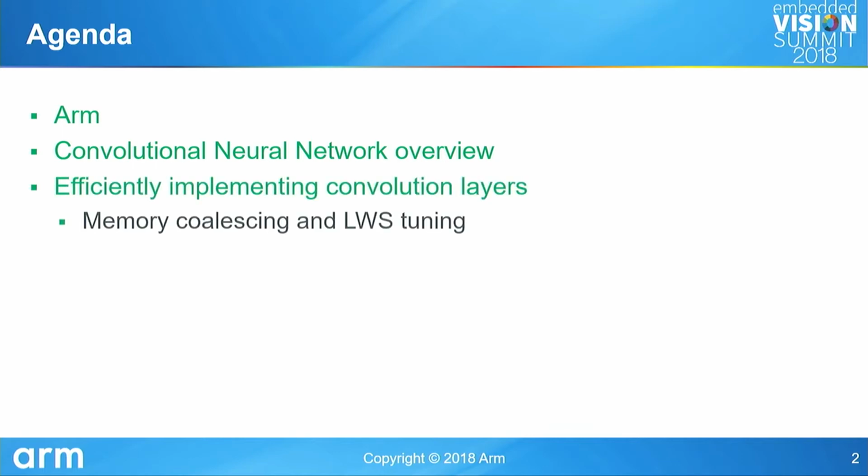After that, I'm going to spend one section talking about potential optimizations for convolutional layers when the convolutional layer is implemented with GEMM, so with a matrix multiplication. In this section, we are going to see what memory coalescing is and also the important role of the local workgroup size, which plays a significant role, especially if we deploy a matrix multiplication on a GPU, especially on the embedded GPU.